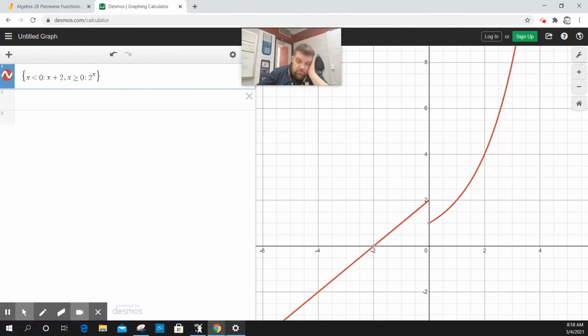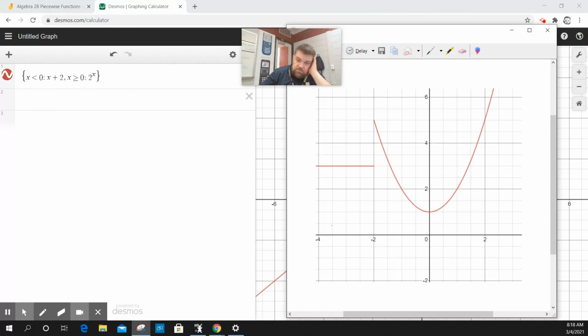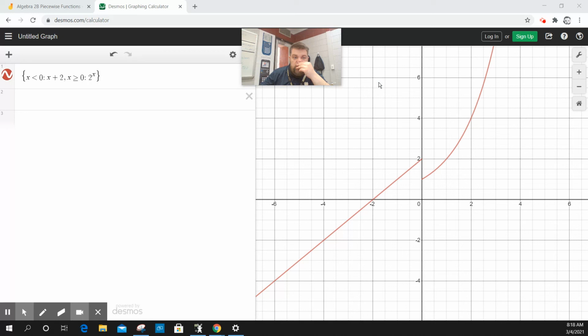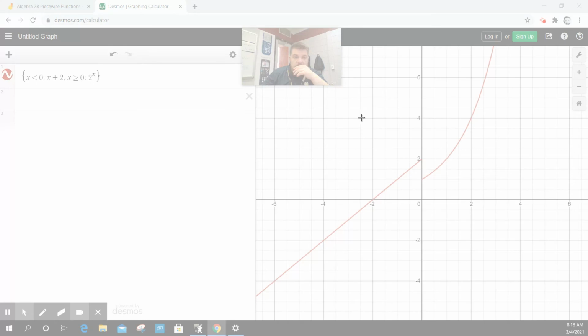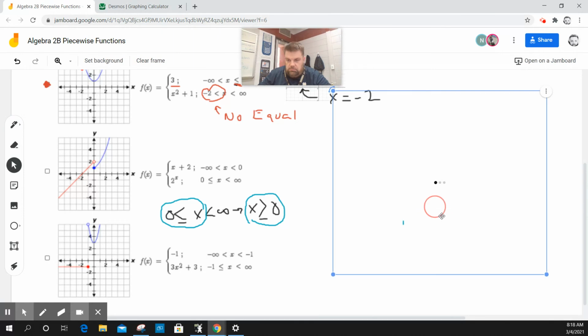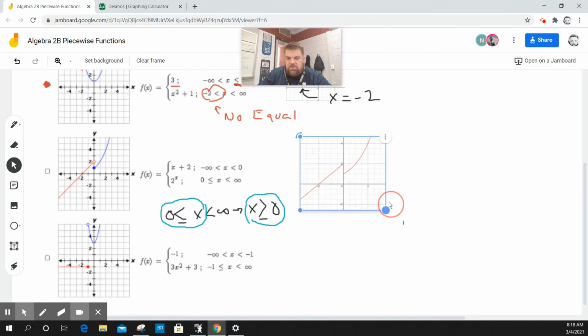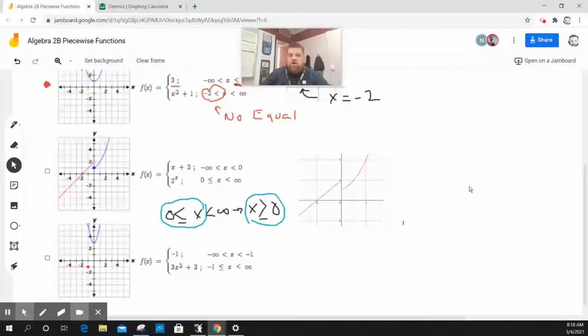And again, we have a jump discontinuity. So let's take a picture and see where we're going to define that. So now as I look at this graph, one of those boundaries is going to get a closed circle.